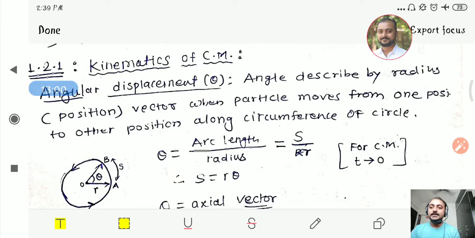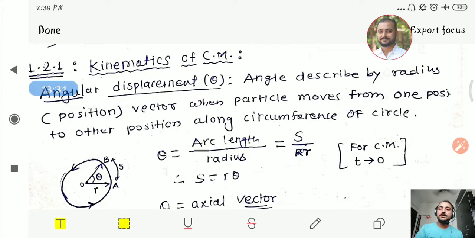Means we have to study the angular displacement, angular velocity, angular acceleration, etc. You may also study the linear displacement, linear velocity, linear acceleration, no problem. But here we are concerned with the circular path, so we have to study the kinematics in terms of circular motion, that is angular displacement, angular velocity and acceleration.